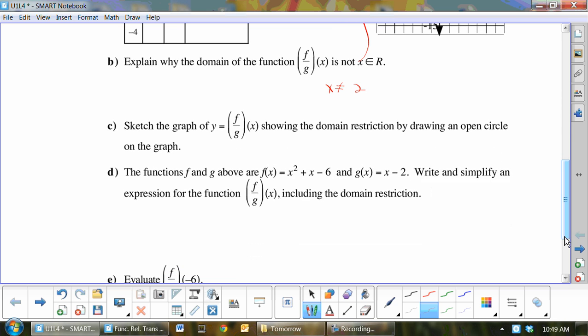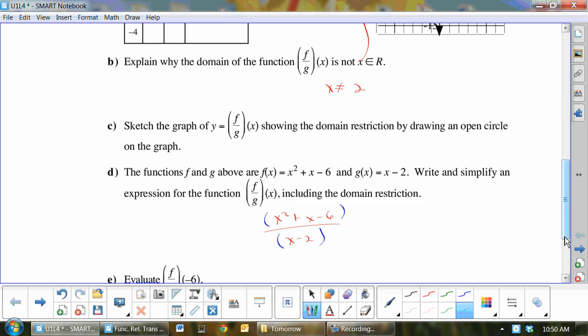It's x squared plus x minus 6, all over x minus 2. Now just for the fun of it, put this into your calculator and see what it looks like.